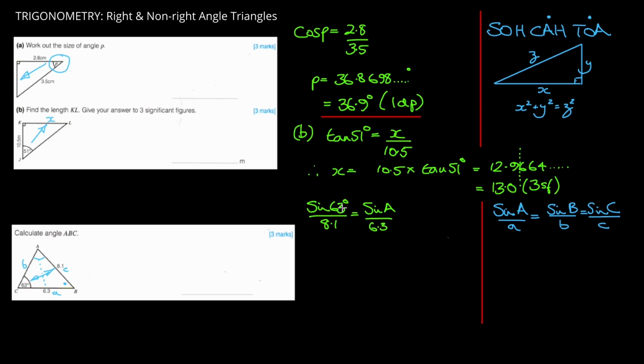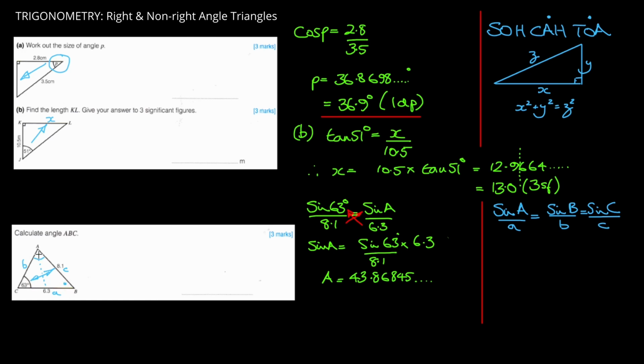A little bit of rearranging the furniture involving the cross multiplication of these two numbers here. Sine A remains on the top, and I'm going to swap sides. So sine A is equal to sine 63 degrees over 8.1, and we're going to multiply that by 6.3. If we pop that into a calculator, we get that A is equal to, now we've got angle A and we've got this angle C down here.